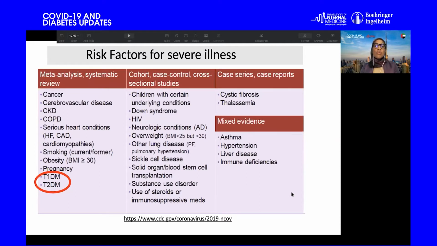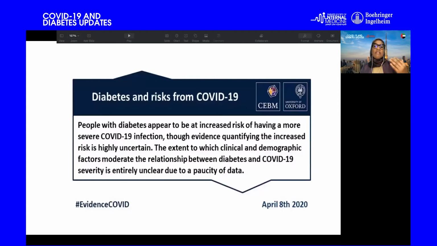Based on case control and some cross-sectional studies, we know that this group of individuals may also be at risk for severe illness.